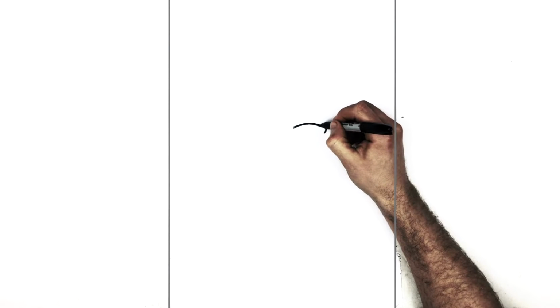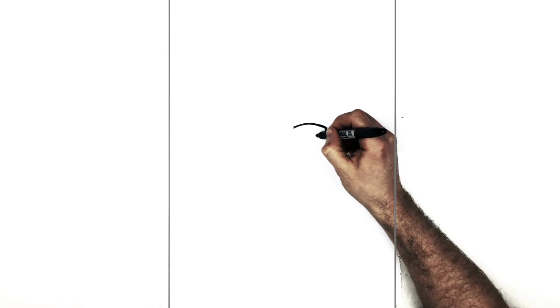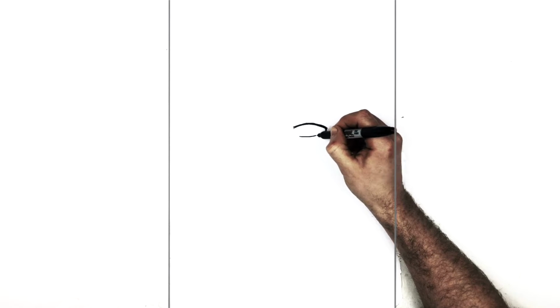Like so. So then there's no real bottom eyelid. Well, there's a little line, just like here, like so.